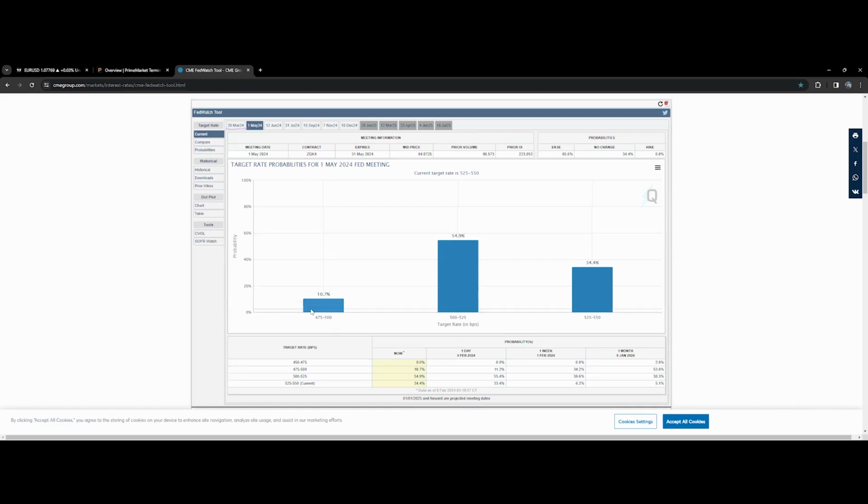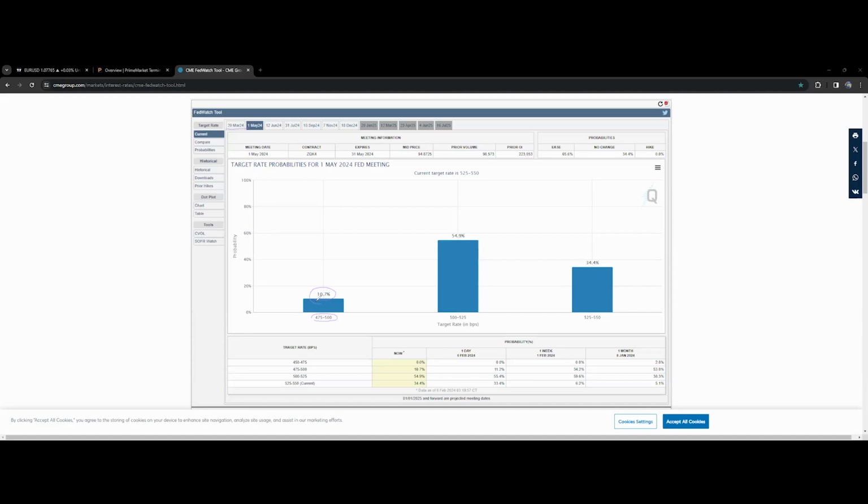Well, if that happens, the US dollar is done for this year, most probably. But I don't think 50 basis points would be likely. I think this is too much. Only 10% of the market is pricing it. It can happen, we can't rule it out.